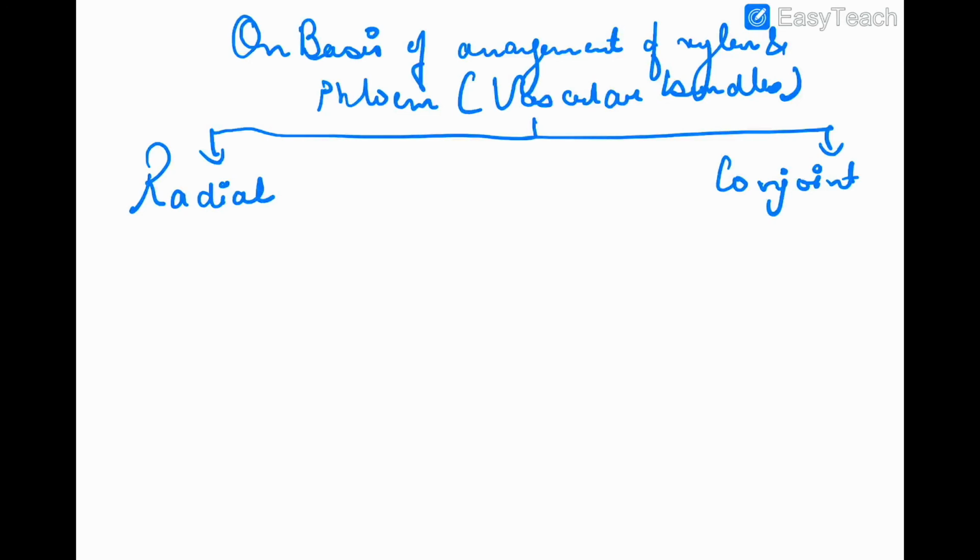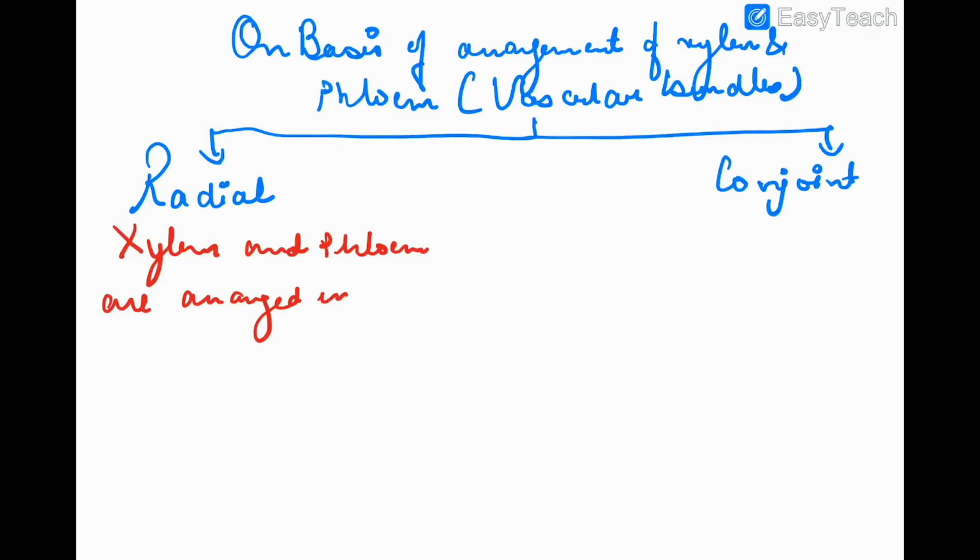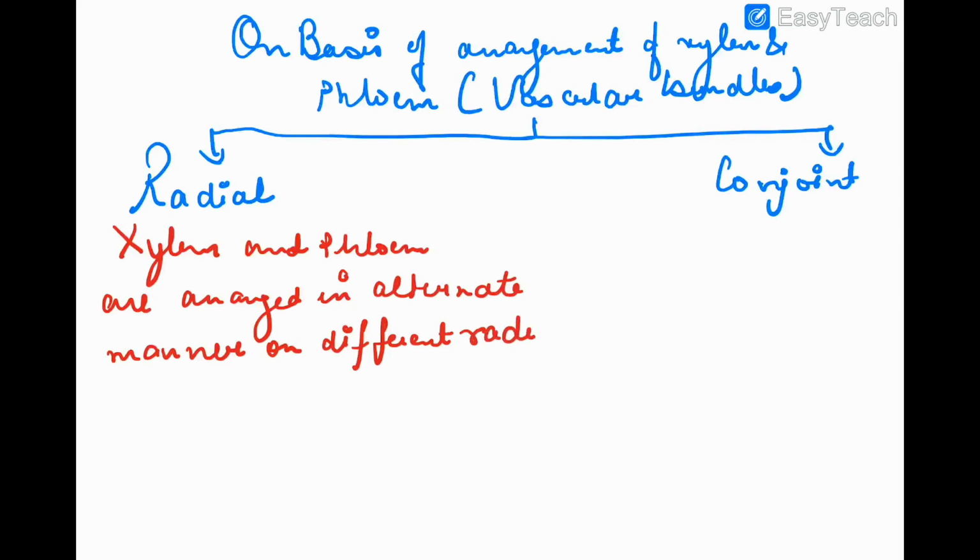In radial type of vascular arrangement, xylem and phloem are arranged in alternate manner on different radii, and such type of arrangement is seen in roots. Let us understand this with the help of a diagram.